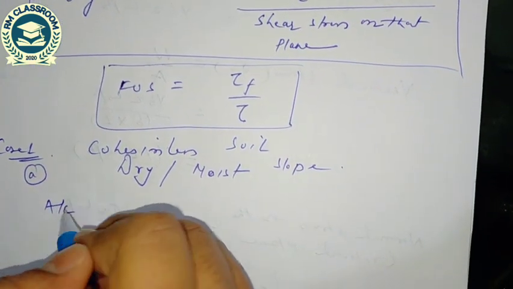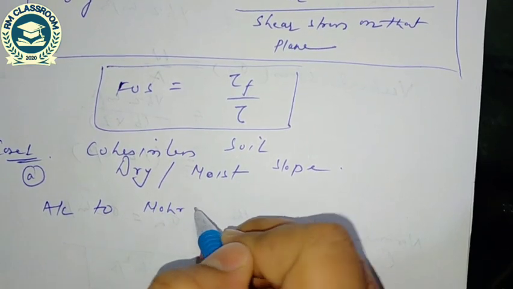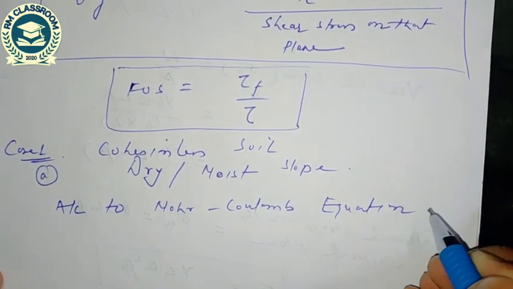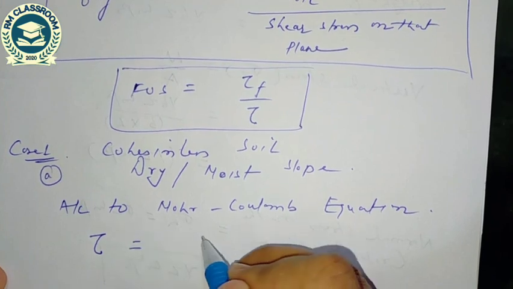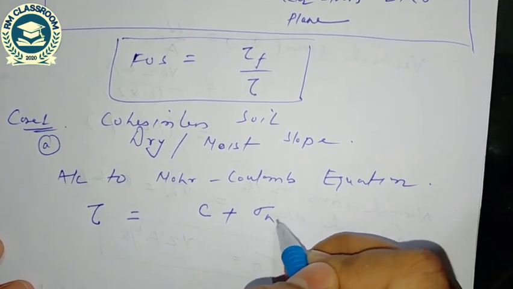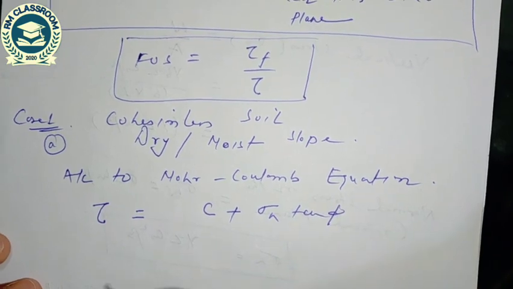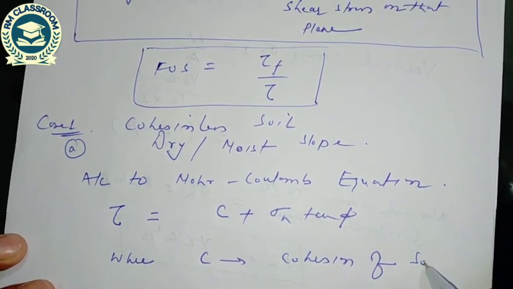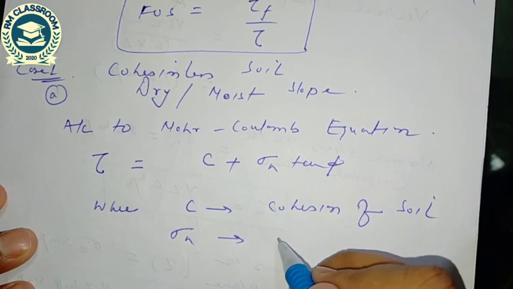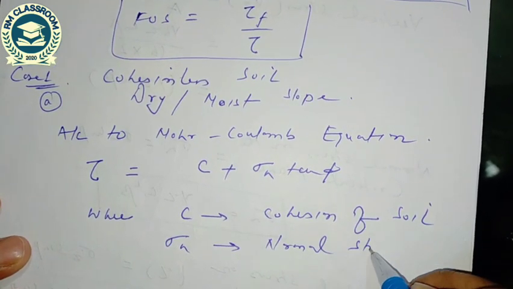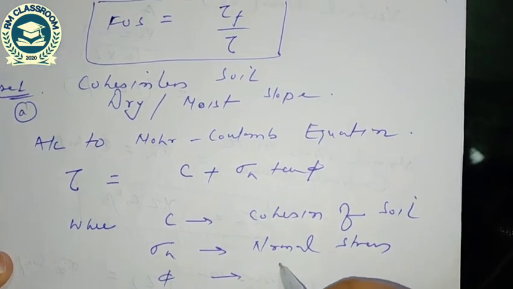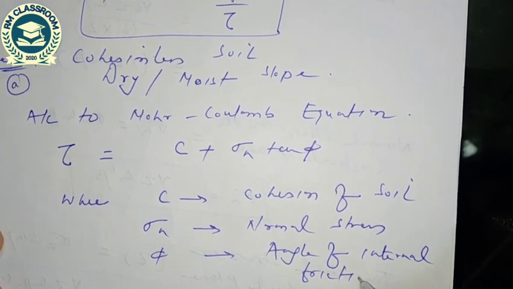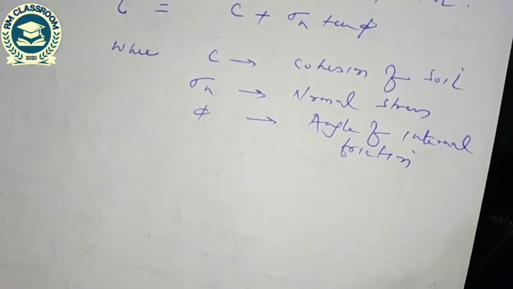So according to Mohr-Coulomb equation, we know shear strength is nothing but C plus sigma n tan phi, where C is the cohesion of soil, sigma n is the normal stress, and phi is the angle of internal friction. So we have seen the Mohr-Coulomb envelope.